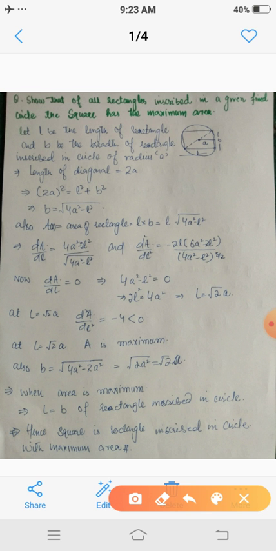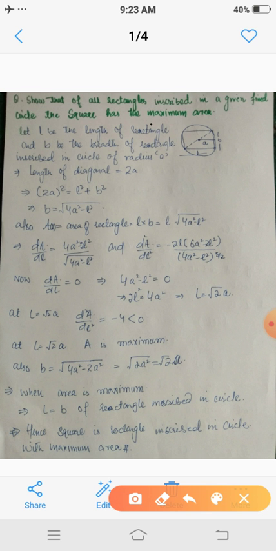Rectangles inscribed in a circle are those rectangles whose vertices lie on the circumference of the circle. Now we have to prove that the square is the inscribed rectangle with maximum area.